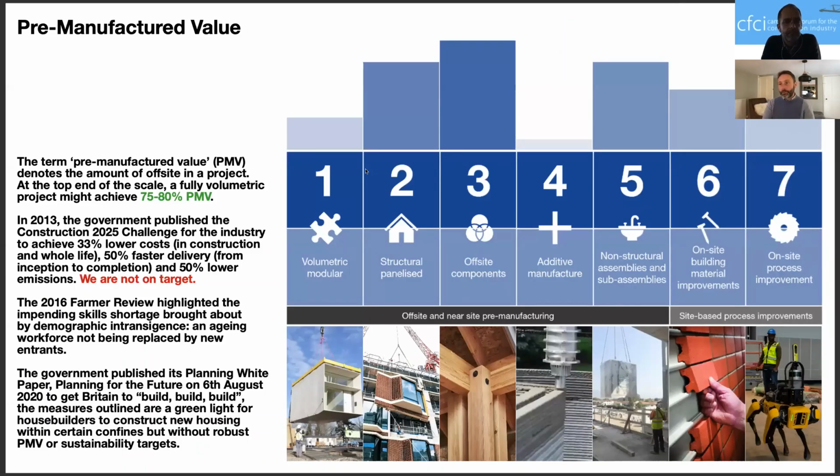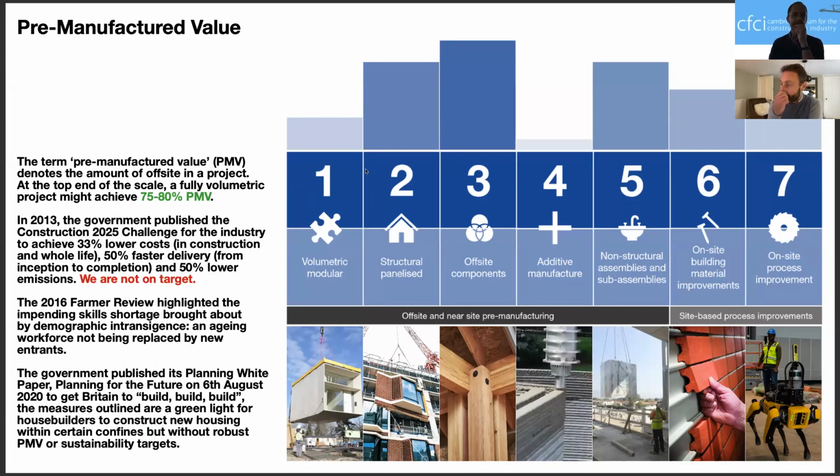So just first of all, what is modular? I'm sure everybody probably knows this. The government very helpfully have brought out 7 categories of what modular construction is. And there's a real issue in the fact that there's a perception issue where a lot of people feel that modular means volumetric, when actually there are so many other items, or it's almost like a menu in which you can choose, and volumetric is one of many different options that you can go for.